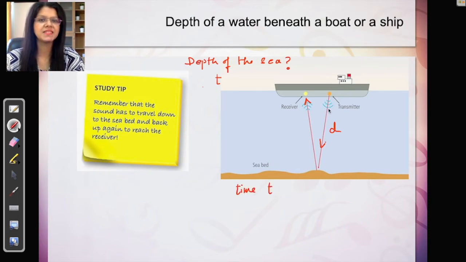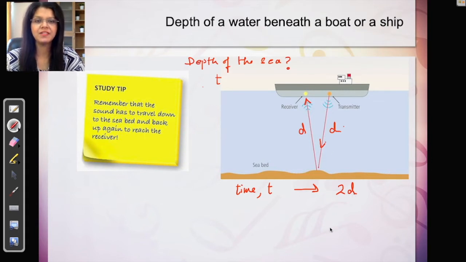This time T is the time taken for the signal to start from the transmitter and come back to the receiver. Go to the seabed, come back, right? In the time T, the distance traveled is 2 times D, because it is going down D, coming up D. In the time T, the signal travels a distance 2D.